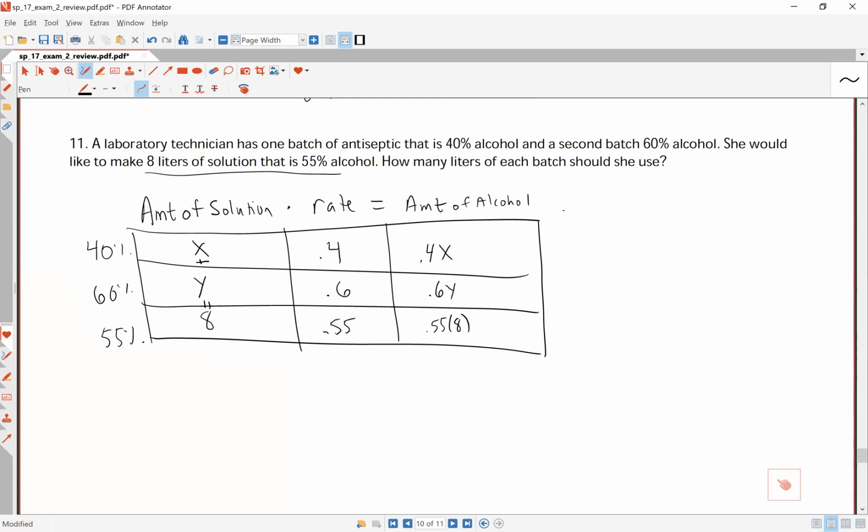X plus Y is 8 because you have X liters and Y liters making 8 total liters. And then the amount of alcohol from each container gets poured into the total container. So between the two of them, they must make the total of 55% of 8.